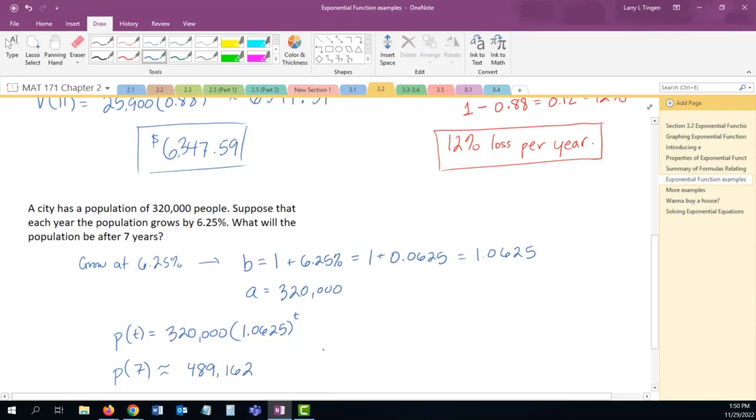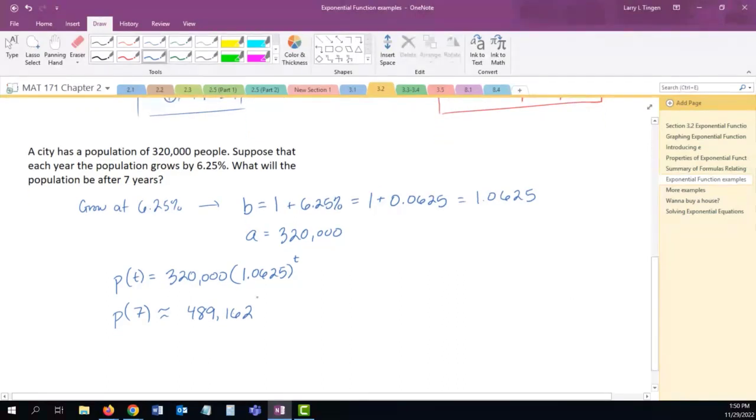Now when you punch this in the calculator, you're going to get 161.8. These are people, so I can't have a decimal or a partial of a person, so I naturally rounded. If the number to the right is 5 or greater, round up. If not, stay where you are. So that's my expected population 7 years from there.